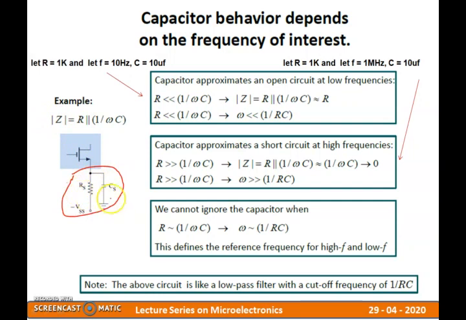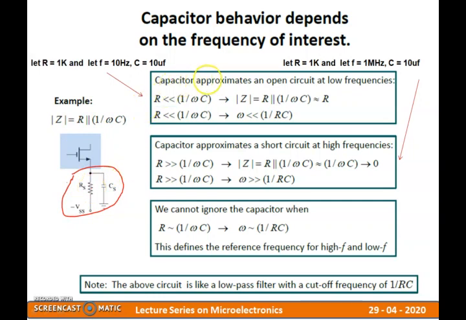This is the overall impedance offered by this particular impedance network. Let's try to figure out how my capacitor is going to impact the operation of this portion of the circuit at two different frequencies, one at low frequency, another at high frequency.